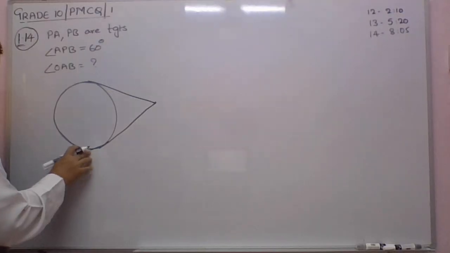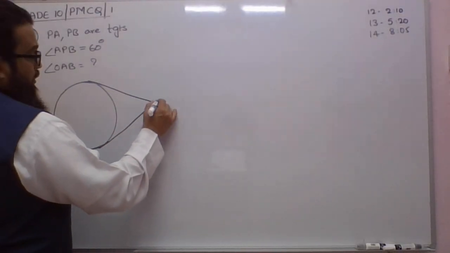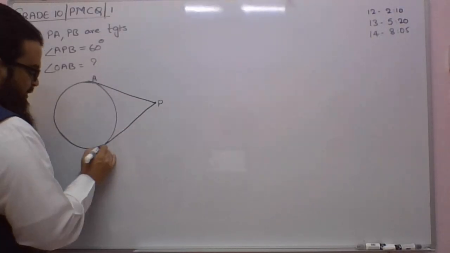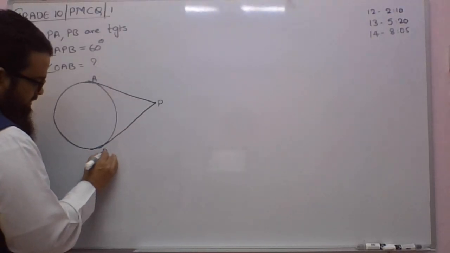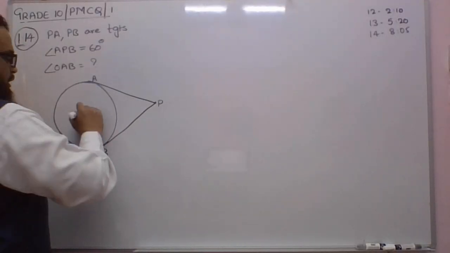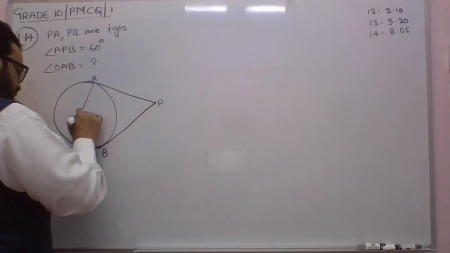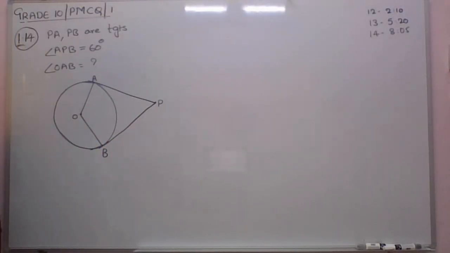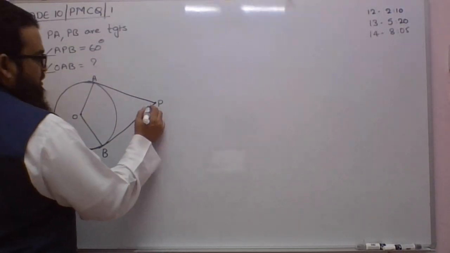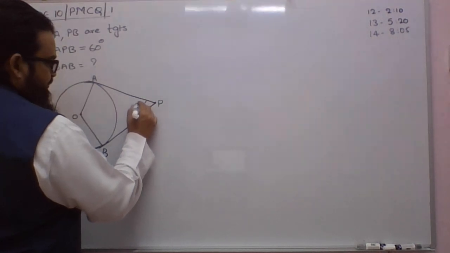Now, let us see. This is point A, this is point P, the external point, and this is B. This is the center O. So if I join OA and OB, now APB is how much? 60 degrees.